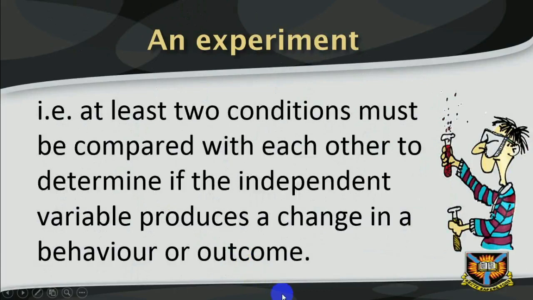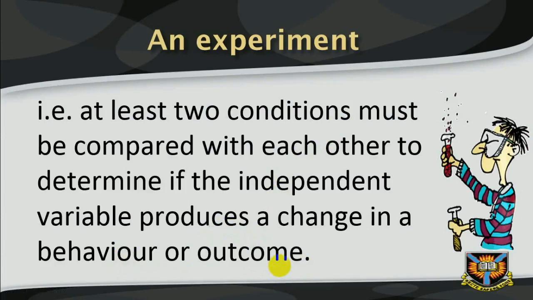Or, the levels may reflect a qualitative difference. The person defending the table assumes a friendly, inviting expression as opposed to a stern, forbidding expression. The point is that at least two conditions must be compared with each other to determine if the independent variable, for example, portion of the table covered or facial expression, produces a change in a behavior or outcome.